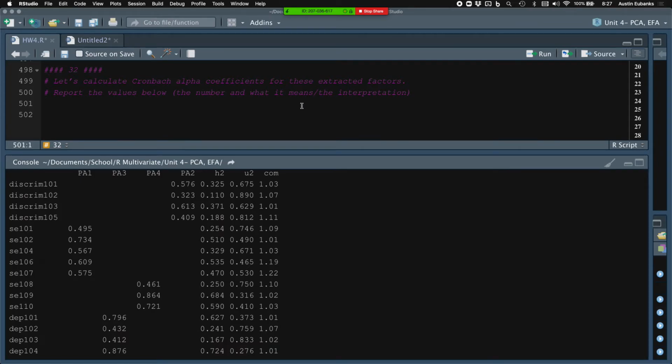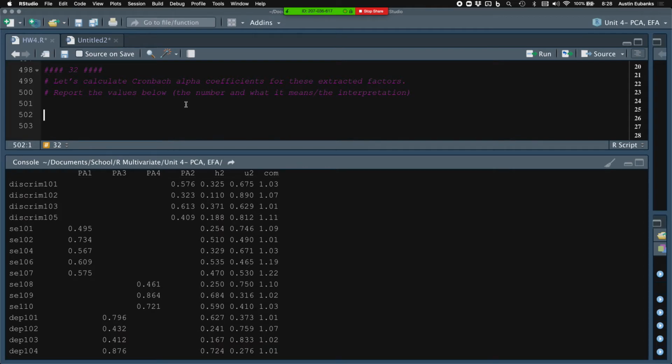All right. So moving into Cronbach's alpha, where we're looking at the internal reliability of the separate items. So here for Descrim, we've got Descrim 101, 102, 103, and 105. And we're creating some Descrim score based on the scores from these four variables, but that leads us to a question of, well, do these items actually hang together?